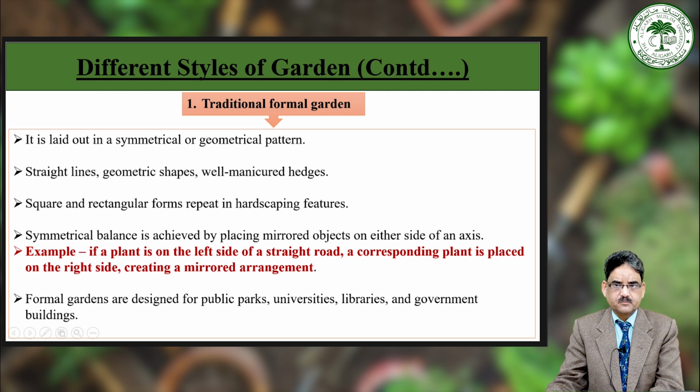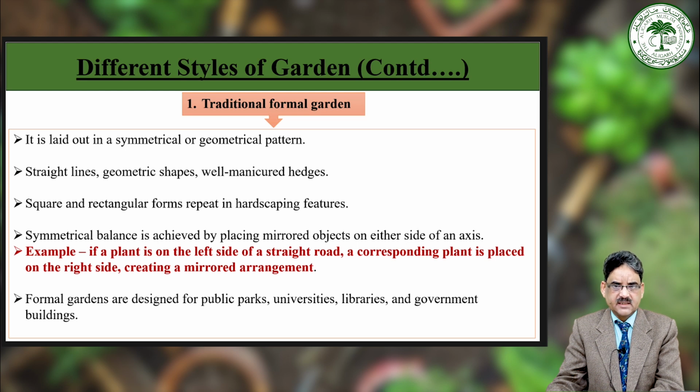Talking about the formal style of garden, it can be said that the formal style of garden is organized with symmetry and geometric patterns. It features straight lines, neat shapes, and well trimmed hedges, often repeating square and rectangular forms in the design.